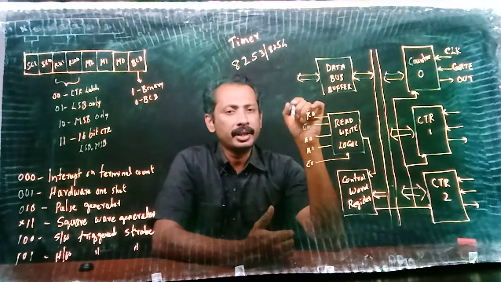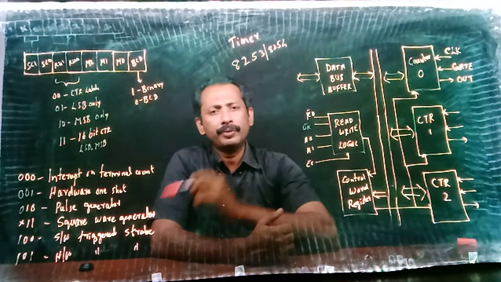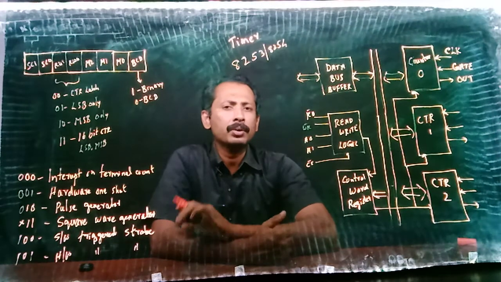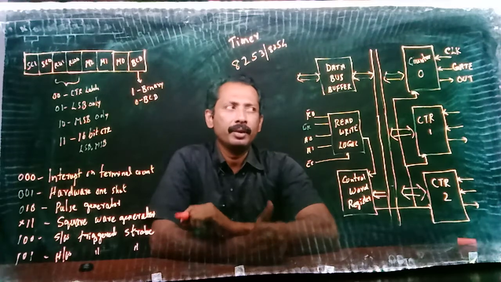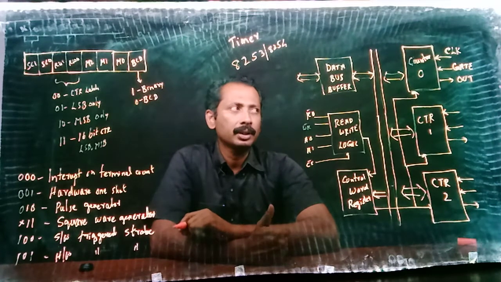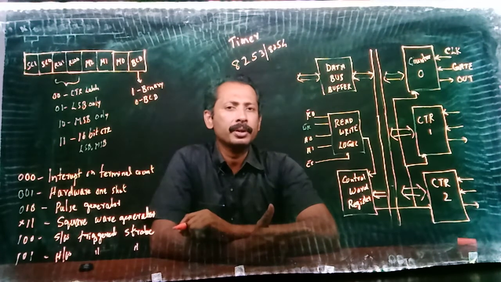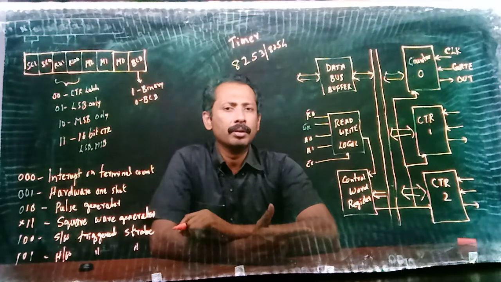If the gate is enabled, then for each clock pulse the count gets decremented.